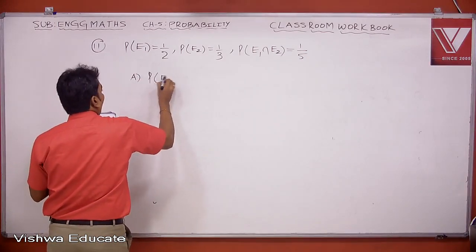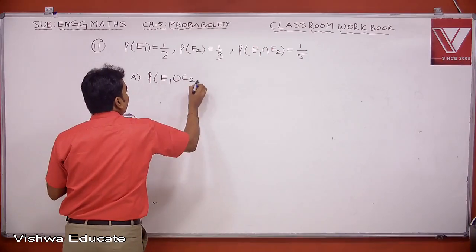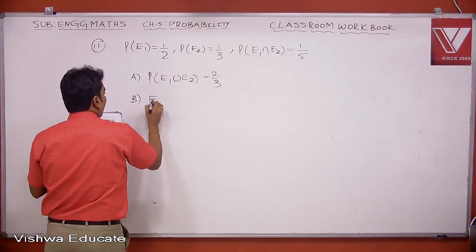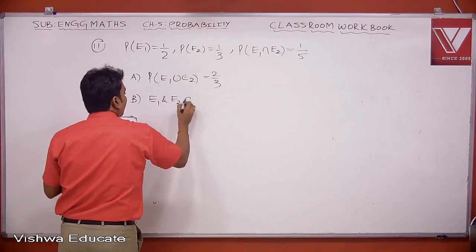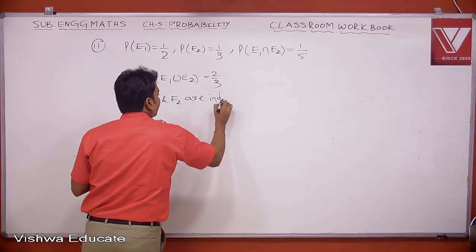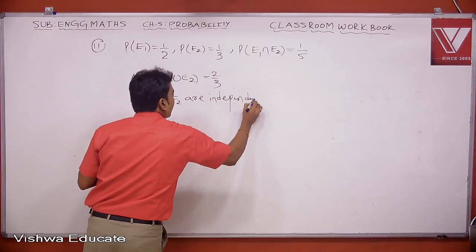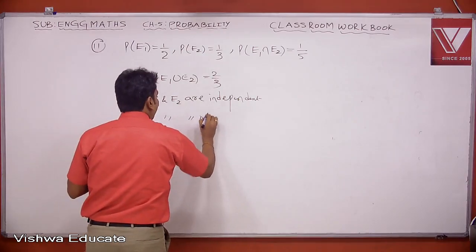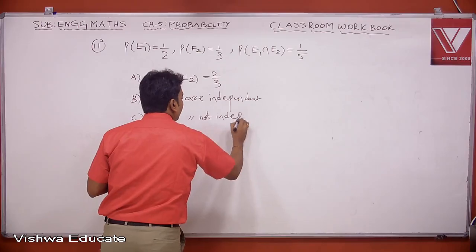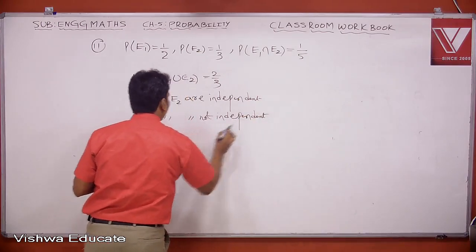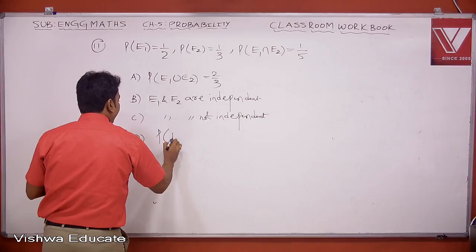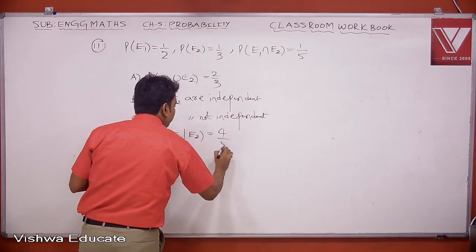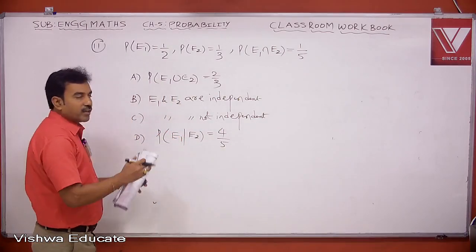First option is P of E1 union E2 equal to 2 by 3. E1 and E2 are independent. See, E1 and E2 are not independent. Now option D, P of E1 given E2 is 4 by 5. Now which of the following is true?